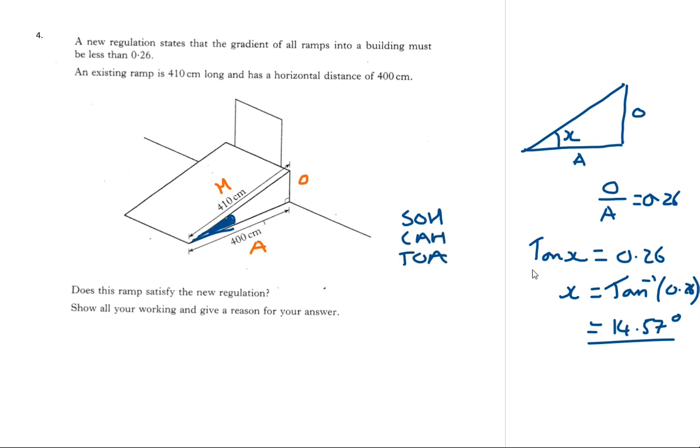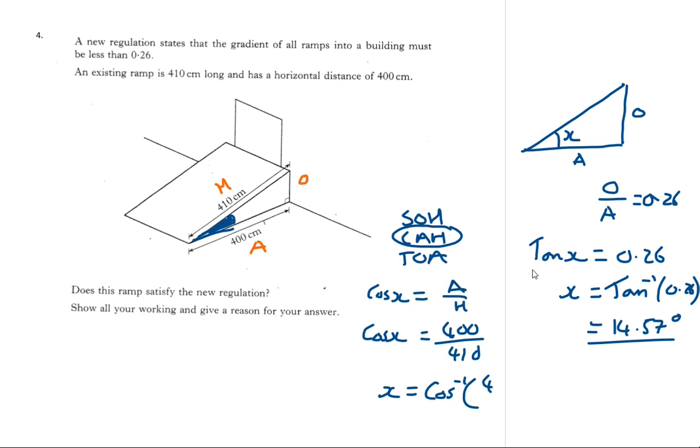What have I got? I've got an adjacent and hypotenuse, so it's going to be cos. So I'll say that cos of x is equal to the adjacent over the hypotenuse, and then just sub it in. So cos of my angle is equal to 400 divided by 410. And if I want to get x on its own, I have to do shift cos of 400 divided by 410.